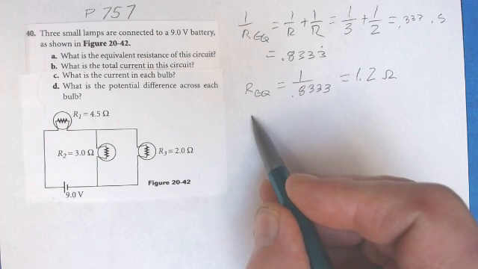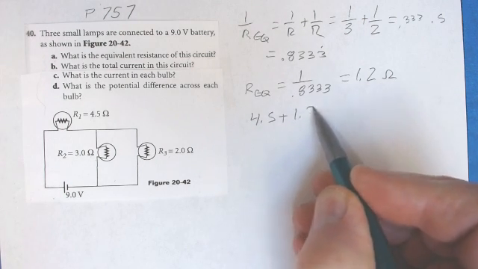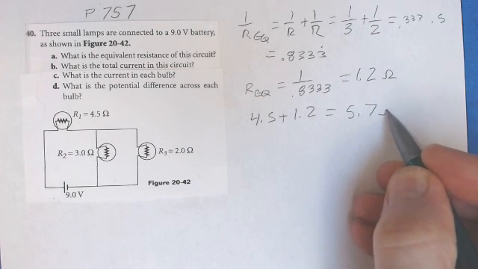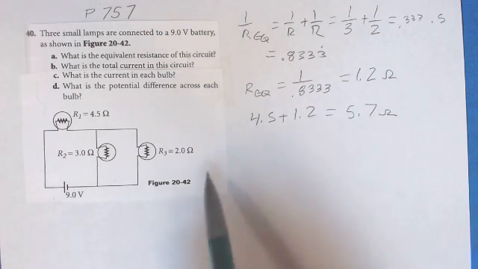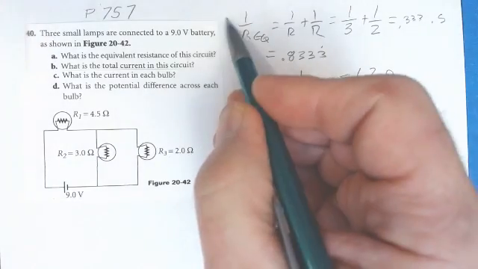So 4.5 plus 1.2 equals 5.7 ohms. So that would be the answer for A.